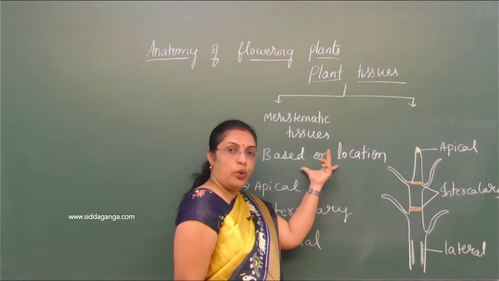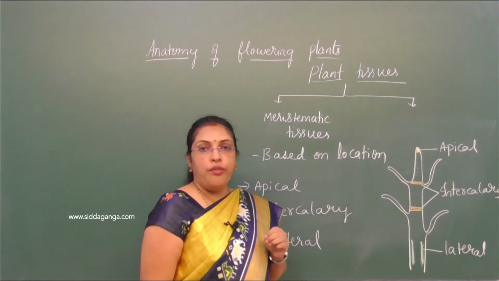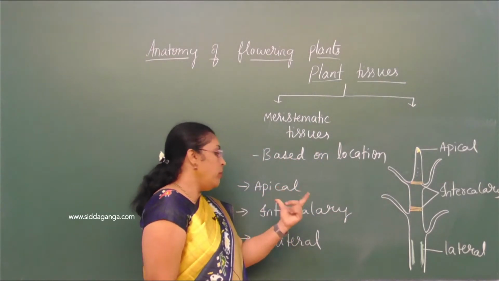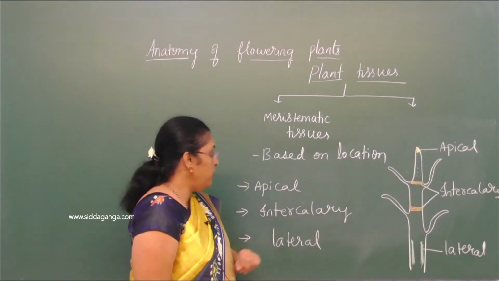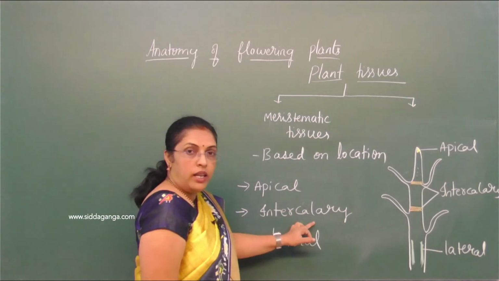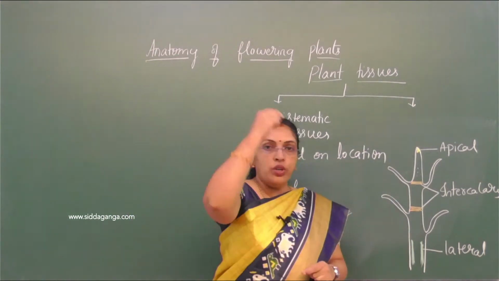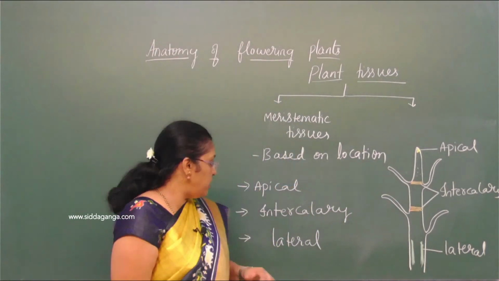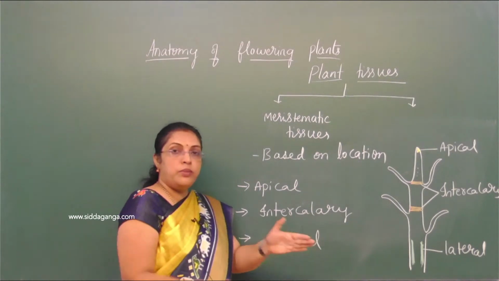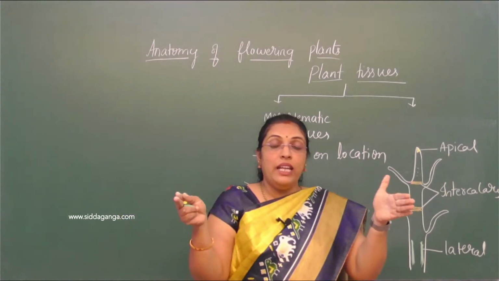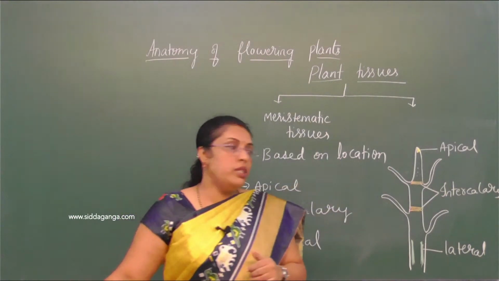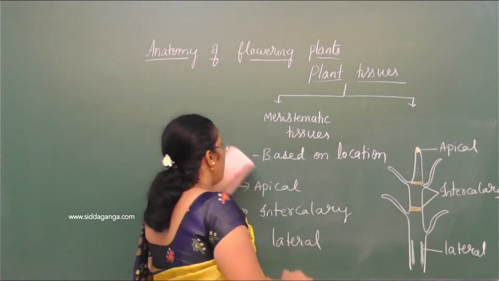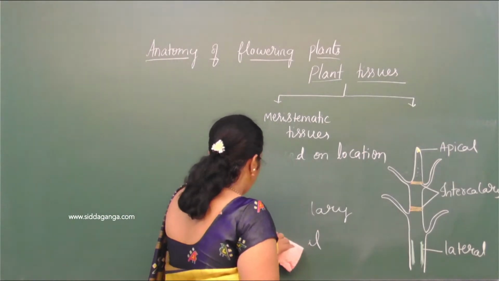So based on location, we have three types of meristems: apical, intercalary and lateral. Apical and intercalary meristems help in longitudinal growth, and lateral meristems help in increasing the girth. So this is about classification of meristematic tissues.